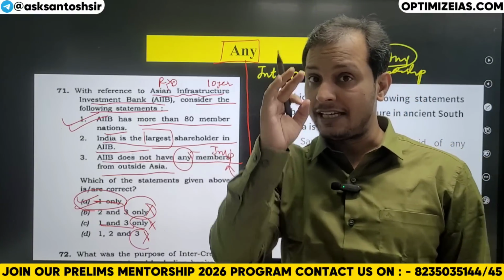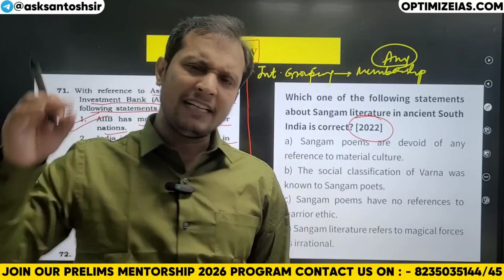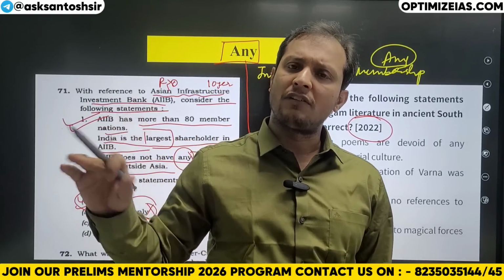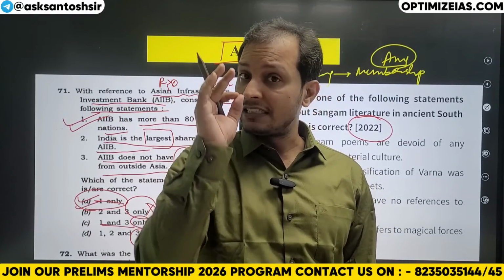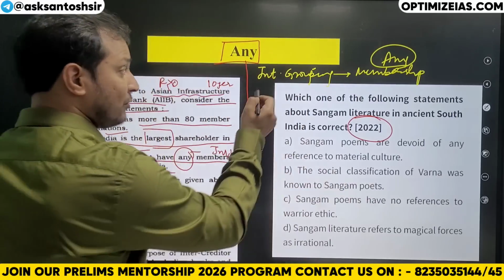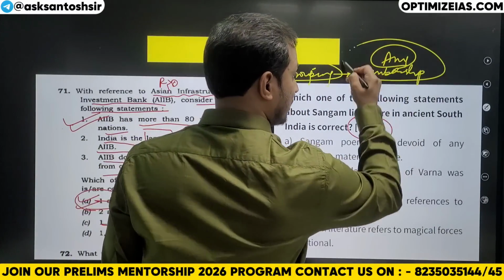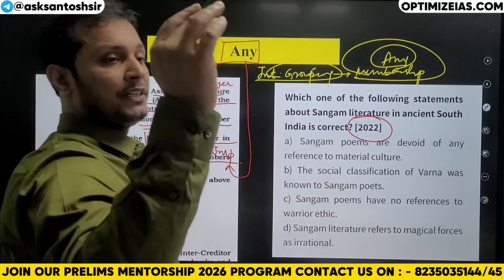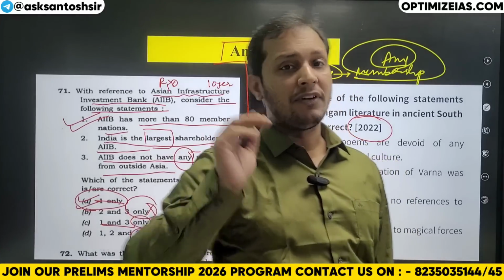Remember this "any", in grouping questions or anywhere, in economy, in polity, in geography also this works, but particularly in international grouping questions about membership, if they are talking about any number of countries being part of it, then you have to be very careful.